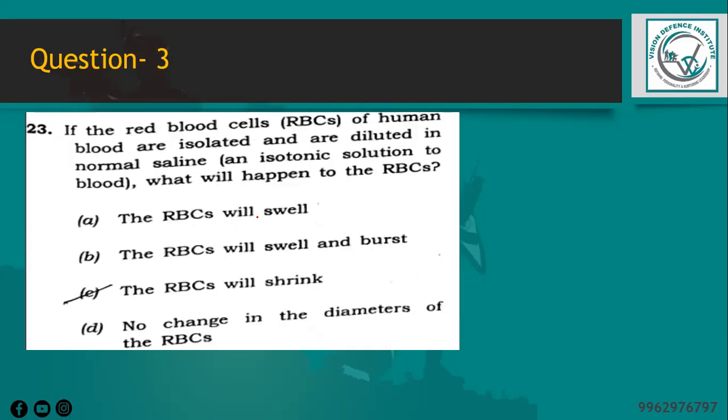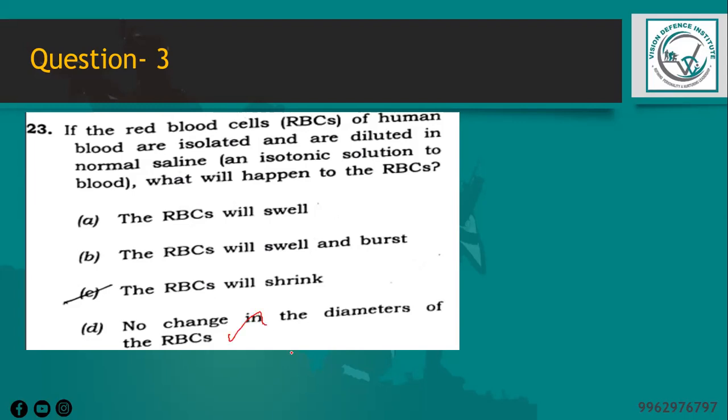So next question is, if the red blood cells of human blood are isolated and diluted in normal saline, what will happen to the RBCs? We know that there will be no change in the diameters of the RBCs. Why is it?